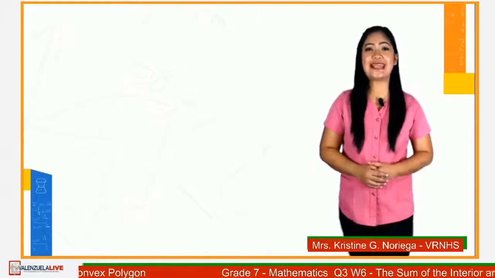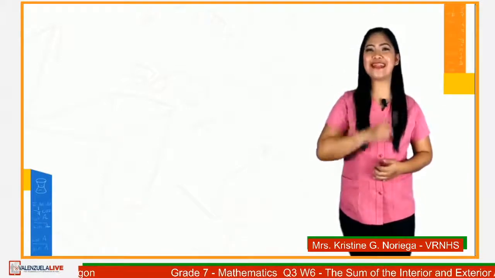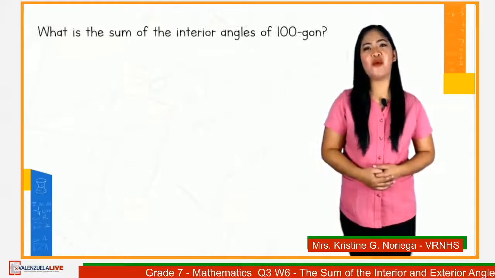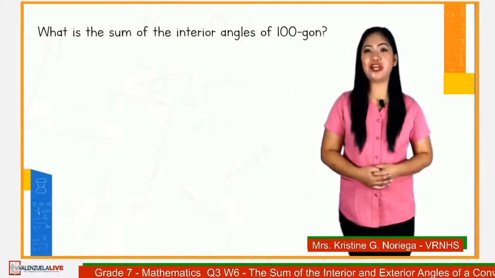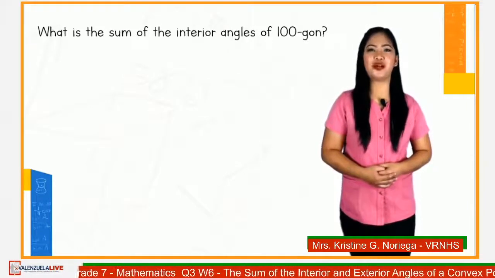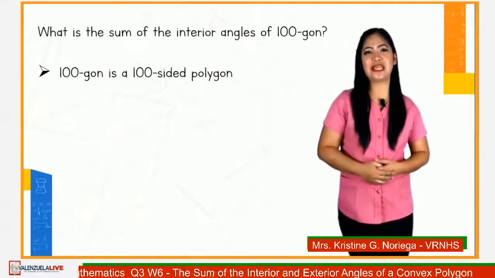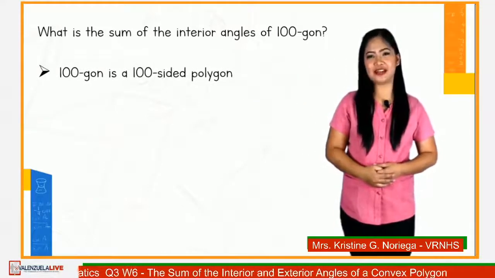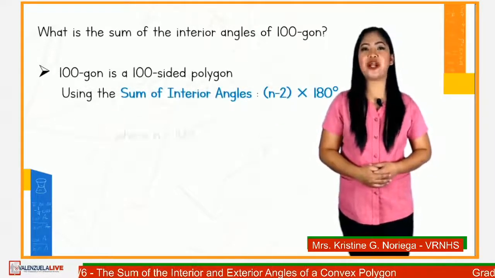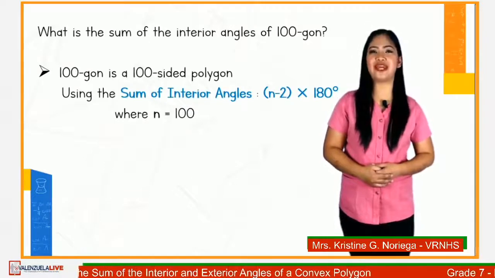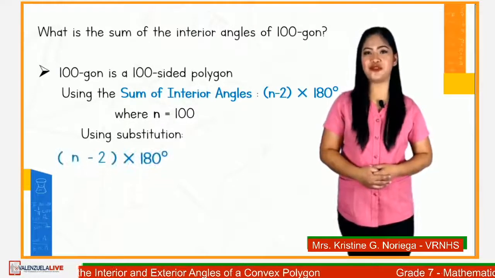Are you getting used to the process? If yes, that is really good. And if not, let us have one last example. What is the sum of the interior angles of a 100-gon? A 100-gon is a 100-sided polygon. Using the sum of interior angles, n minus 2 times 180 degrees, where n is equal to 100, substituting, we replace n with 100.